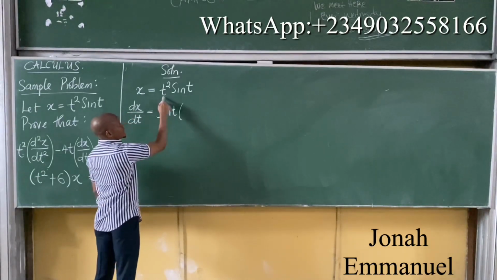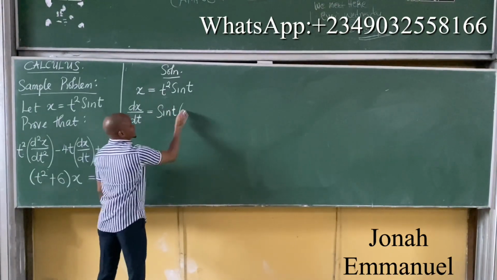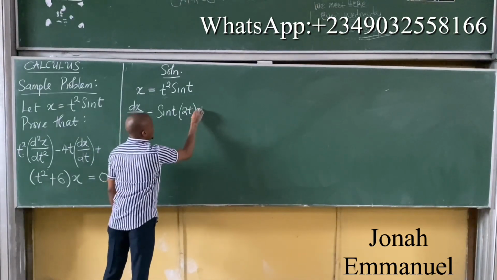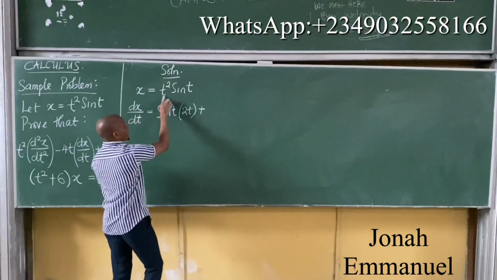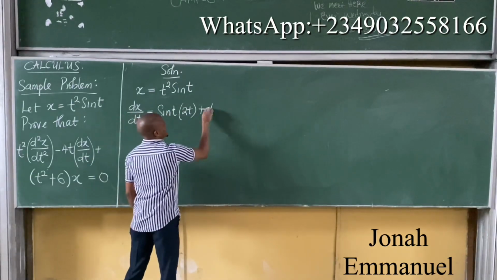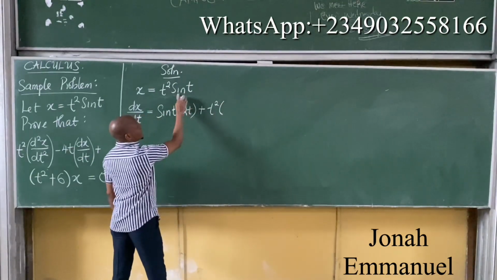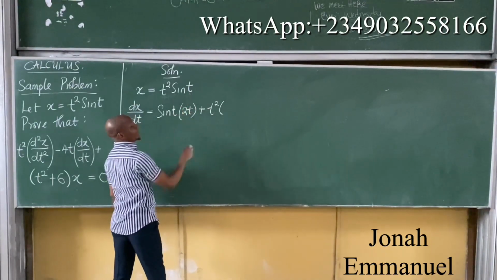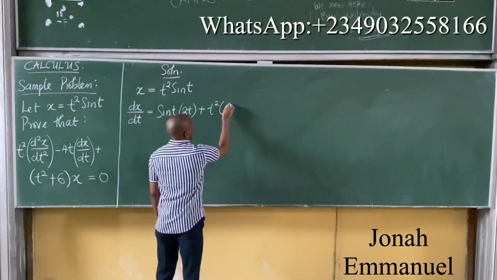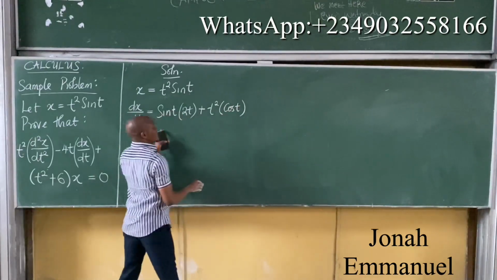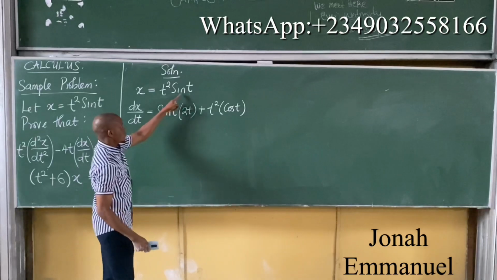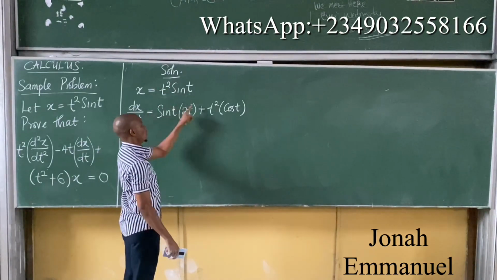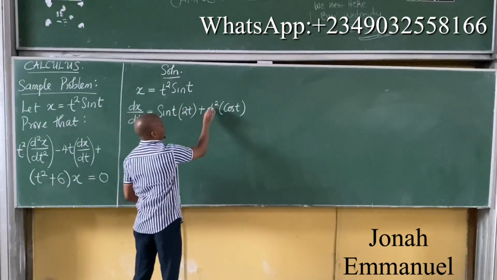What is u? t squared, so du/dx is 2t. Then plus u, which is t squared, into dv/dx. If v is sine t, dv/dx is cos t. This is the product rule concept. Differentiate this, I have 2t, plus differentiate this, I have cos t.